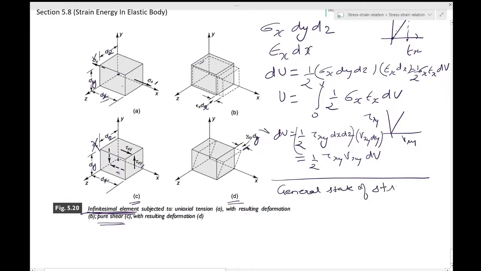Remember the general state of stress? All those 3 by 3 terms which you have, 9 terms, eventually 6, in which all 6 stress components are present. The corresponding deformation will in general involve all 6 strain components. The individual strain components may depend on more than one stress component. If you look at the first 3 equations of 5.2, we will assume that the dependence is linear.